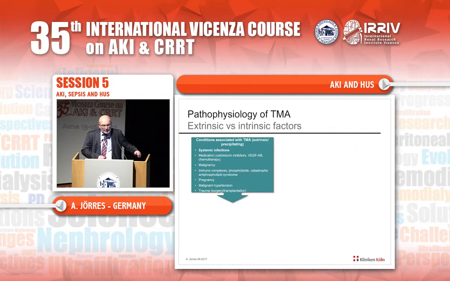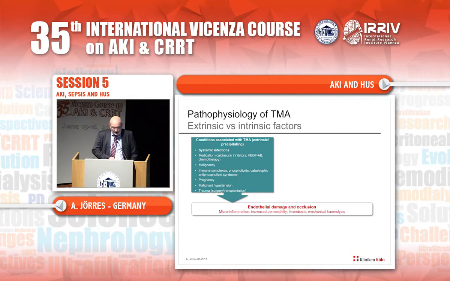Now, if we talk a bit about the pathophysiology of TMA, it's important to distinguish between some extrinsic versus intrinsic factors. There are some conditions associated with TMA that might be the precipitating events, of course, systemic infections, but also certain medications, and particularly compounds interacting with the VEGF pathway, malignancies, immune complexes, malignant hypertension and pregnancy, but also big surgery or big trauma.